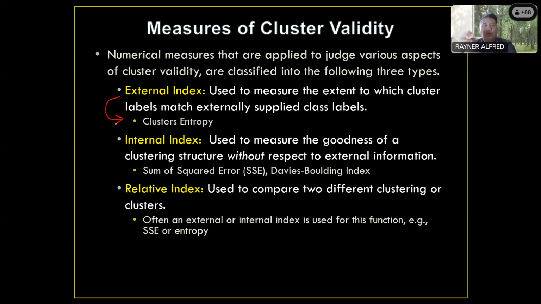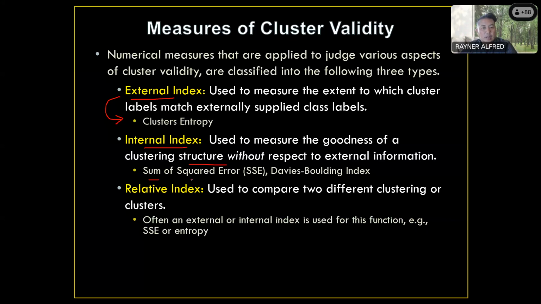So we want to cluster all the items that share the same characteristic or have the same class or label. Okay? They call it external because it has nothing to do with the structure. It deals with the content.